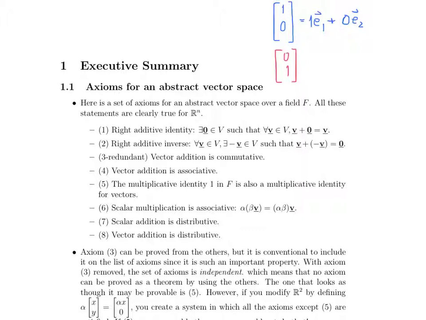Likewise, the second standard basis vector is really 0 times E1 plus 1 times E2. And you can see that any vector, no matter what it is, the components of the vector are actually the coefficients on the standard basis vectors which give a linear combination whose sum is the vector you're looking at.